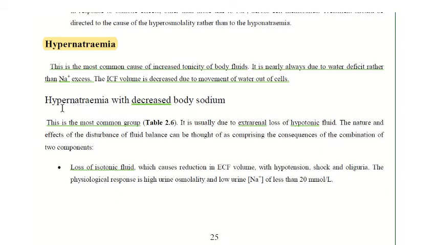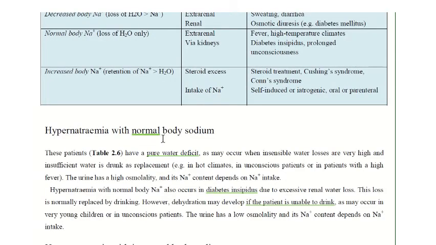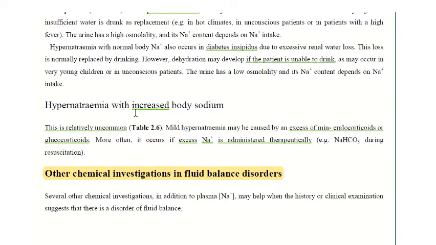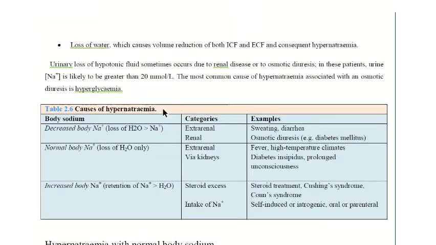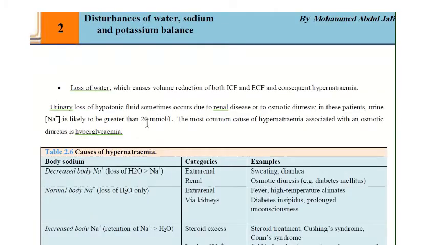وممكن أيضا هنا تكون الهايبرنايتريميا divided into categories مثل ما قلنا بالهايبونايتريميا. هنا hypernatremia with decreased body sodium، وأكو الهايبرنايتريميا with normal body sodium، وأكو الهايبرنايتريميا with increased body sodium. فهنا بالنسبة للهايبرنايتريميا with decreased body sodium this is the most common group، وموجودة بهذا التيبل هسه نجي عليه.